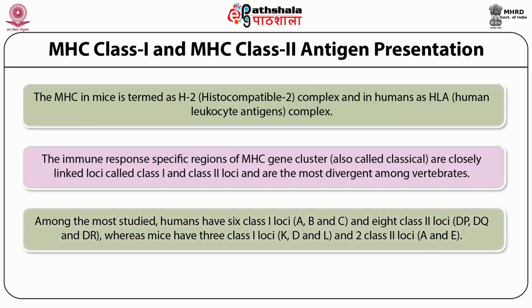Among the most studied, humans have 6 class 1 loci, including A, B and C, and 8 class 2 loci, including DP, DQ and DR. Whereas in mice, there are just 3 class 1 loci, namely K, D and L, and 2 class 2 loci, A and E.